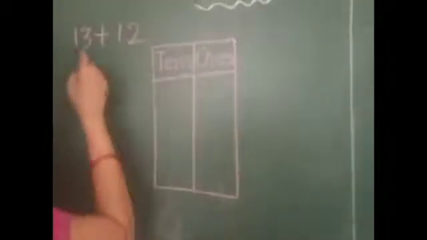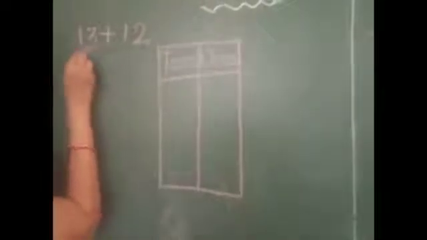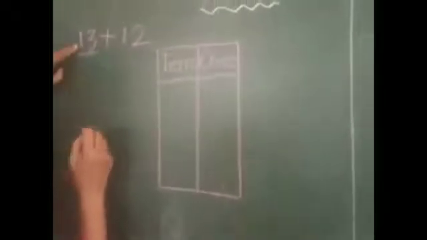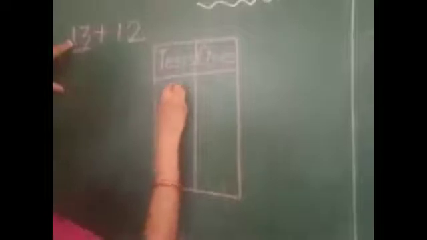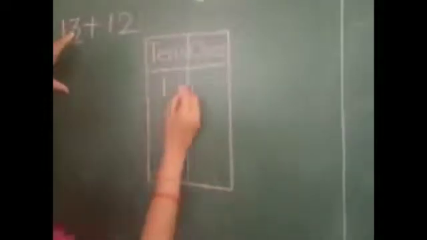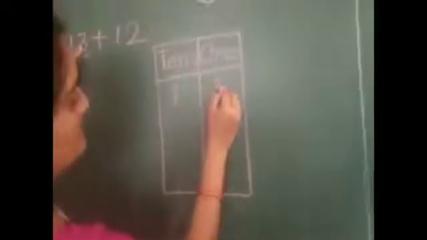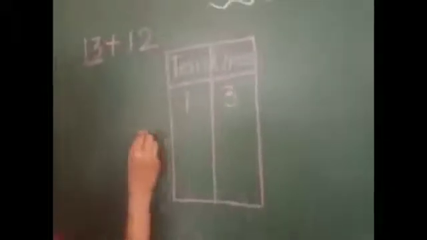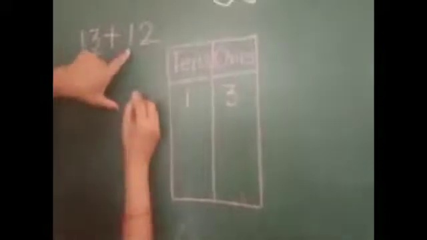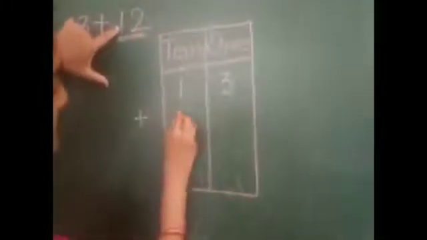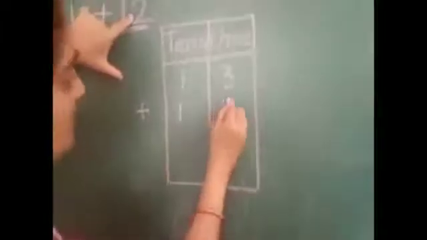Which number is this? 13. Digit 1 will sit in the tens place and digit 3 in the ones place. Then put the addition sign. Which number is this? 12. Digit 1 will sit in the tens place and digit 2 in the ones place.